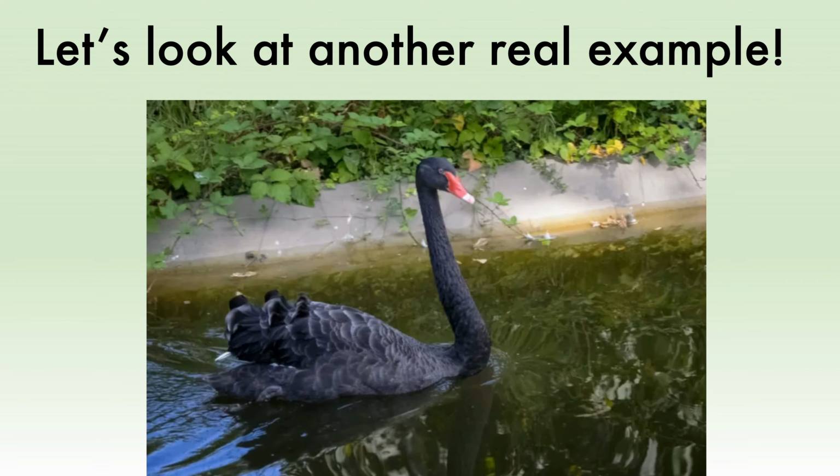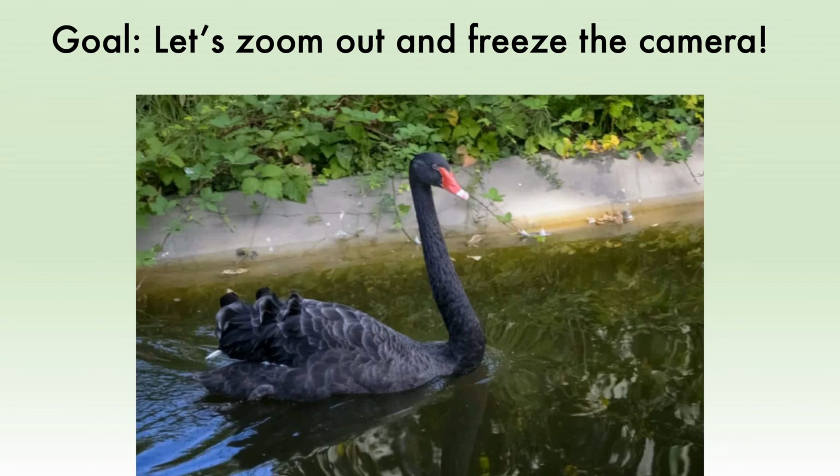So let's take a look at another example of a swan. We're going to zoom out and freeze the camera. In the input video, the camera follows the swan as it sails down the river. And in our edited output video, you'll note that the camera actually stays still.